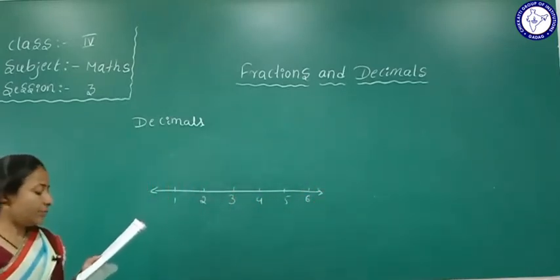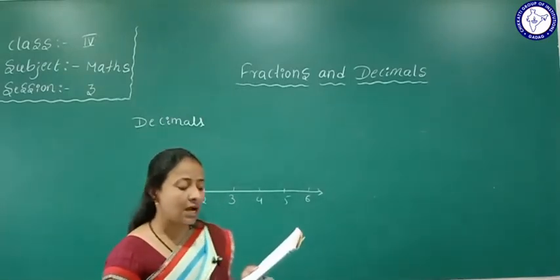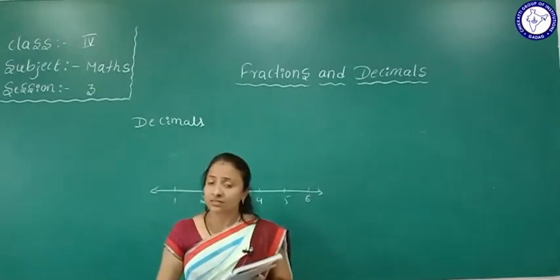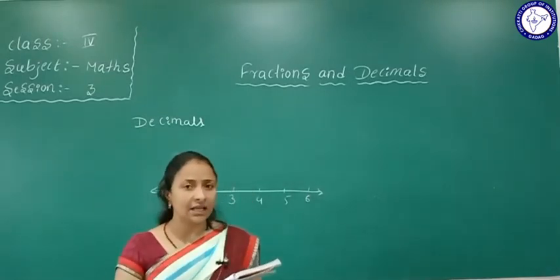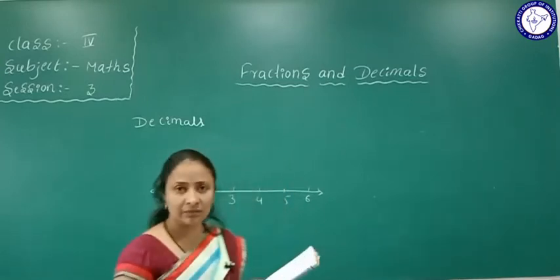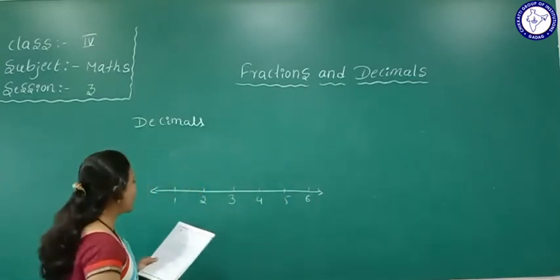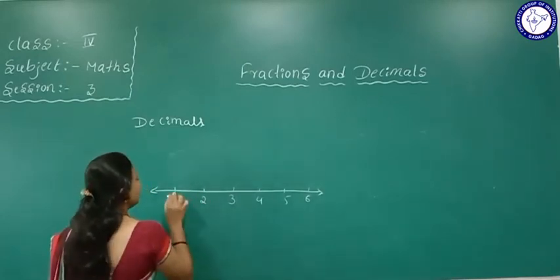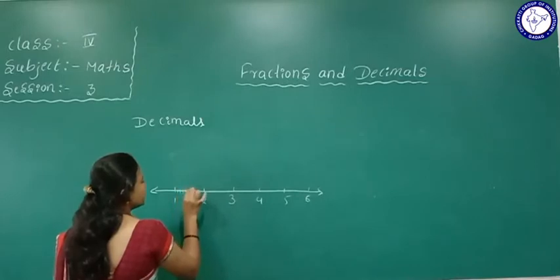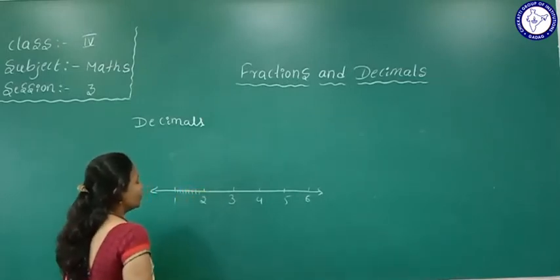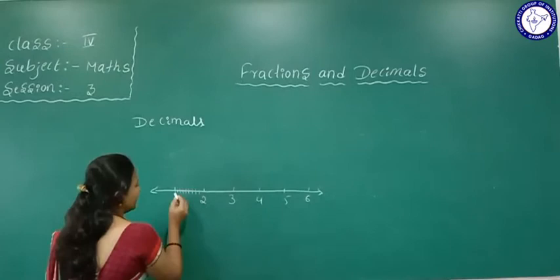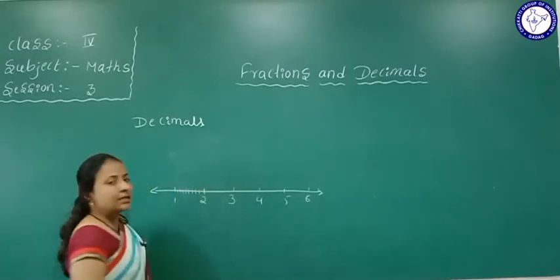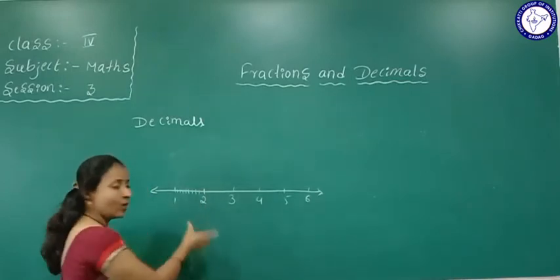Here in between 1 and 2 there are 10 lines by measurement, like in a ruler. In between 1 and 2, how many lines are there? 1, 2, 3, 4, 5, 6, 7, 8, 9, 10. So totally 10 lines are there between 1 and 2.